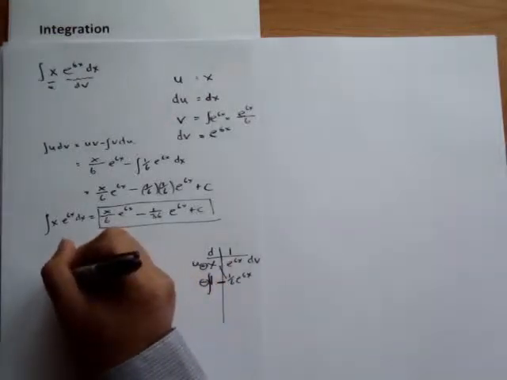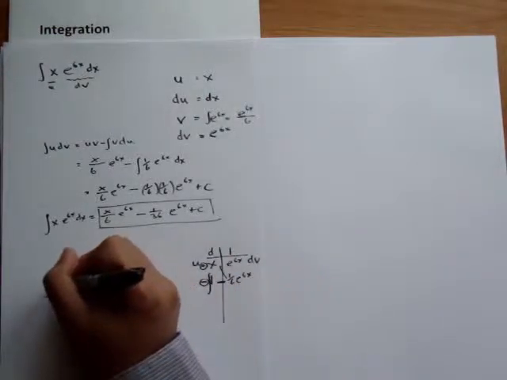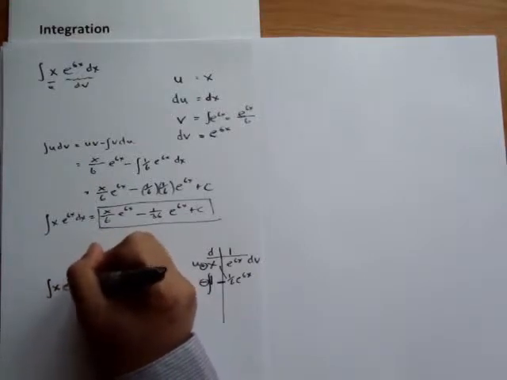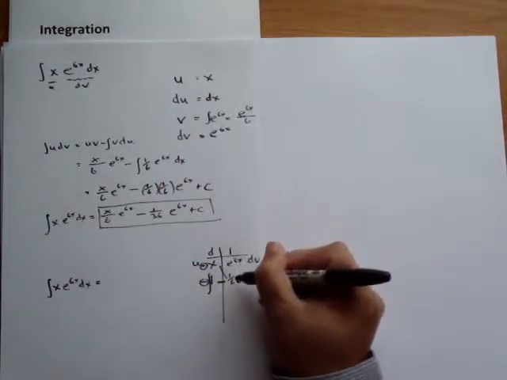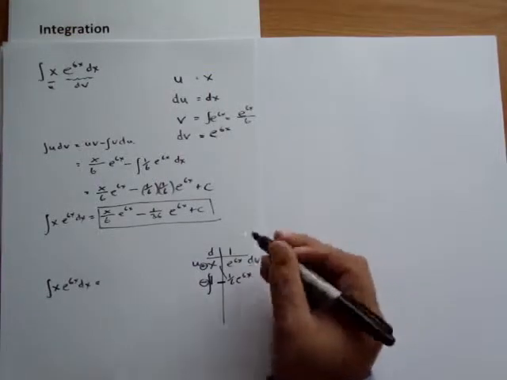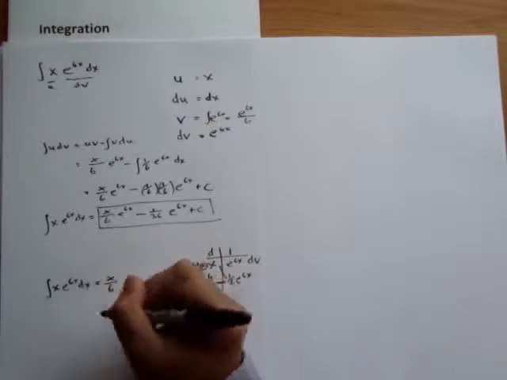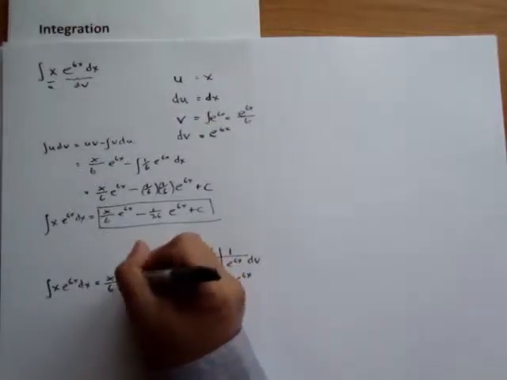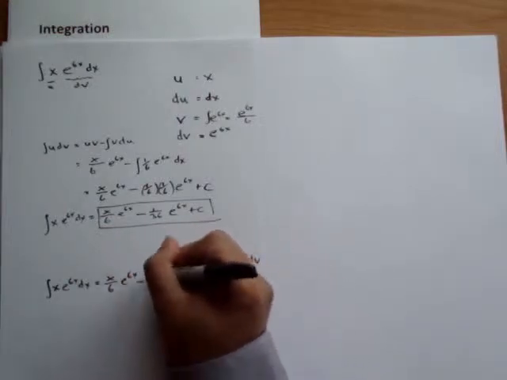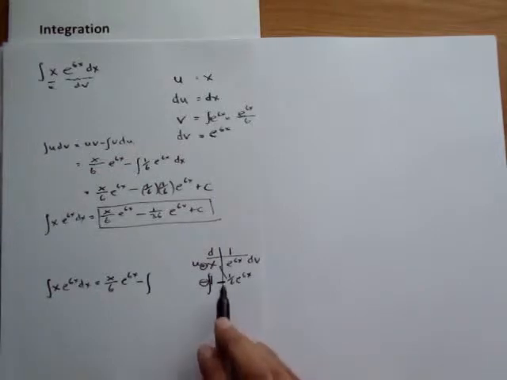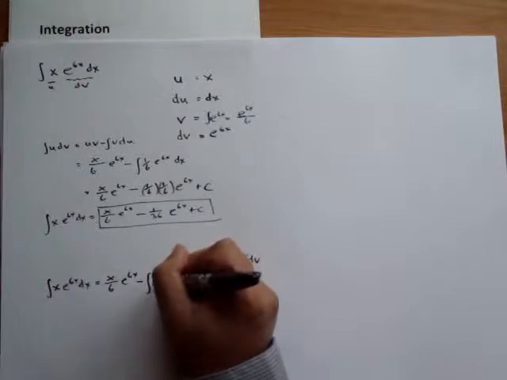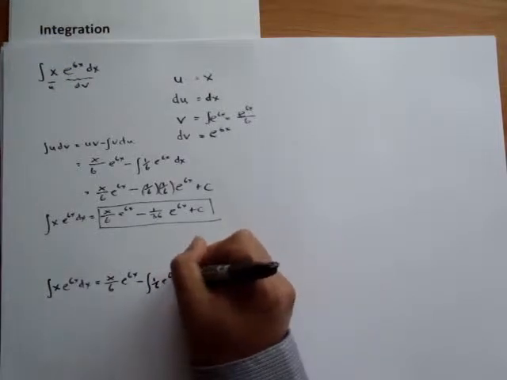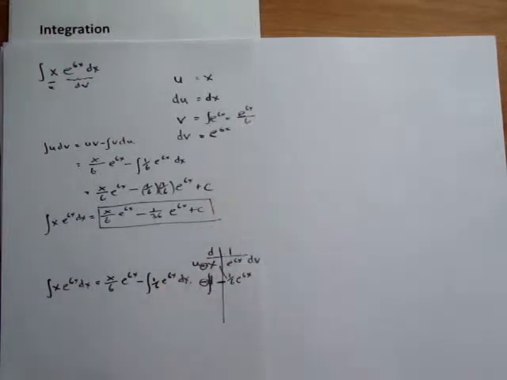So the integral of x e to the 6x dx becomes x over 6 e to the 6x minus the integral of 1 multiplied by 1/6 e to the 6x, which is the integral of 1/6 e to the 6x dx, and then we proceed as above.